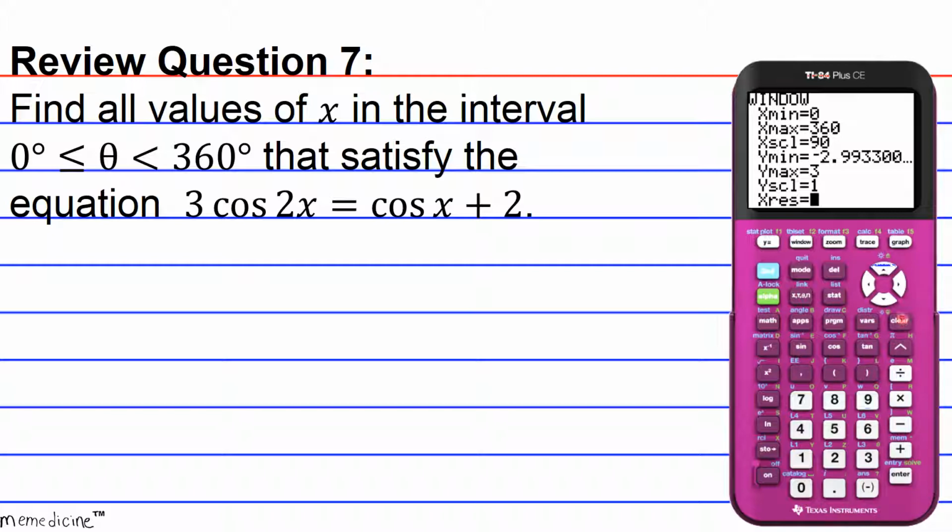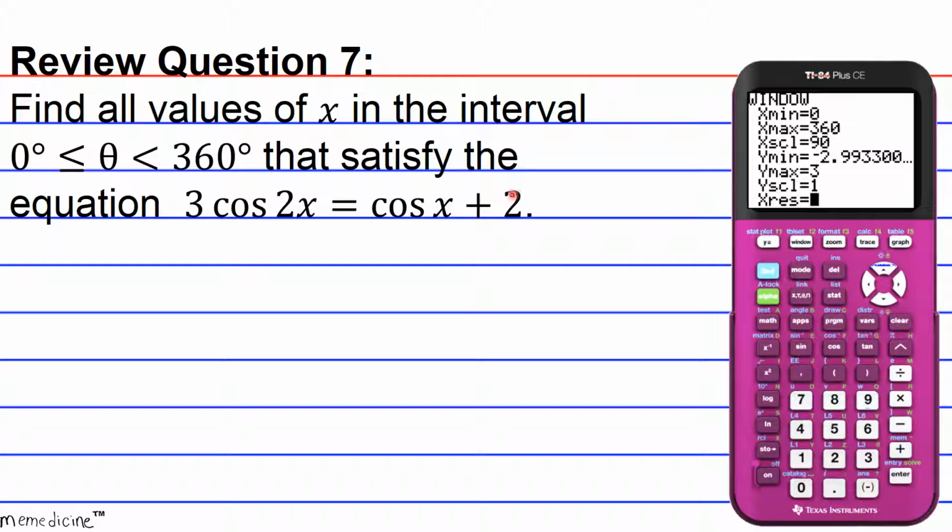Press the down arrow again for the x scale, and then type in 90. Okay, you don't need to press enter to lock in these values. You press second mode to quit the screen. All right, or you didn't even have to do that. You could have gone straight to the next thing, but I didn't tell you what the next thing is, although I'm sure some of you already know. So now you're going to do this.